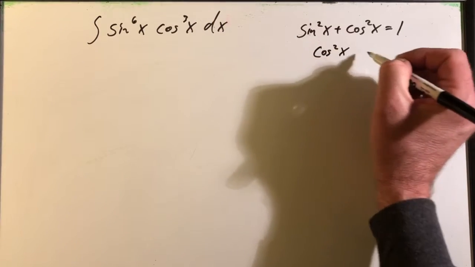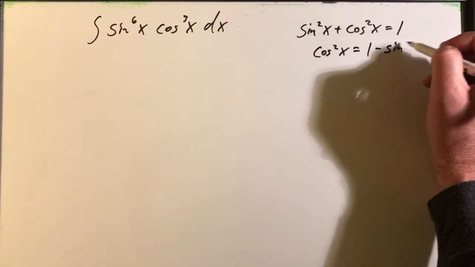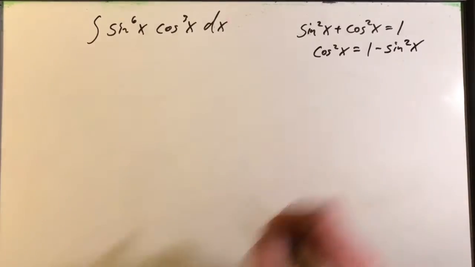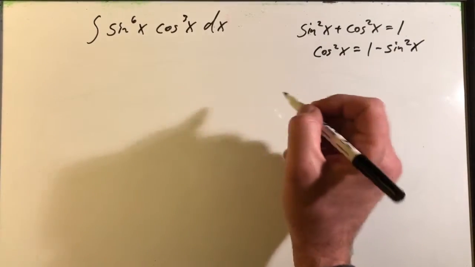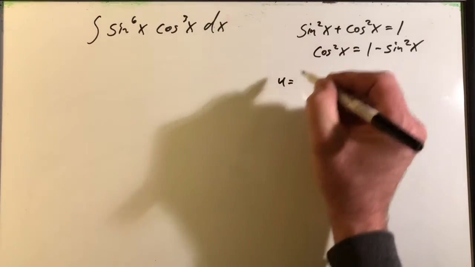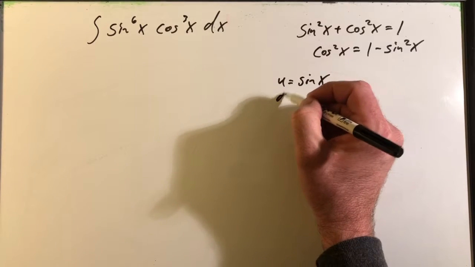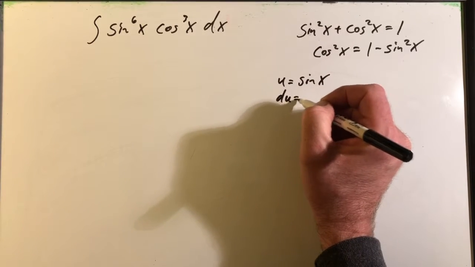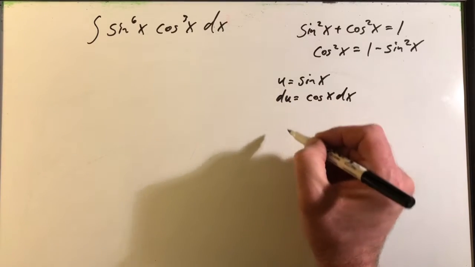Because I know that cosine squared x equals 1 minus sine squared x, I can use substitution rule where if I set my u equal to sine x, my du will be equal to cosine x dx.